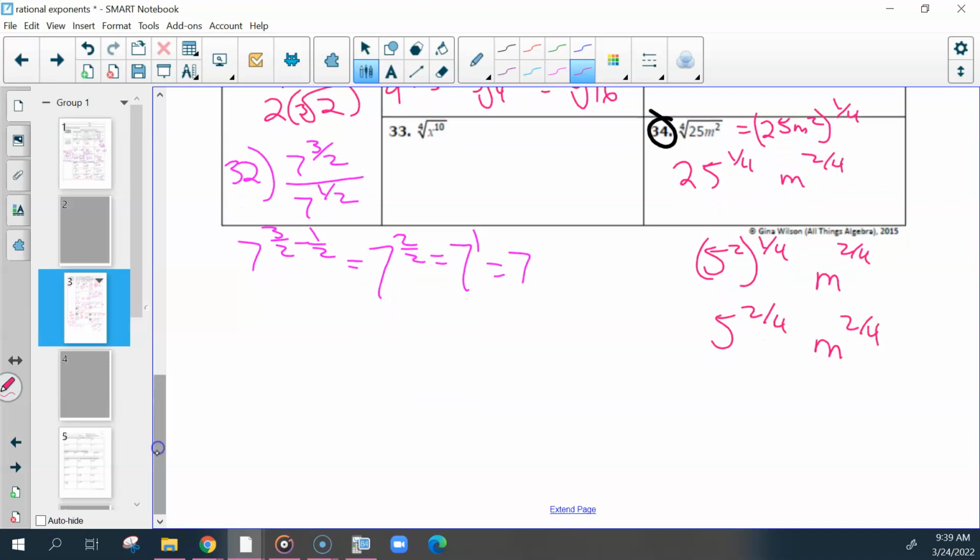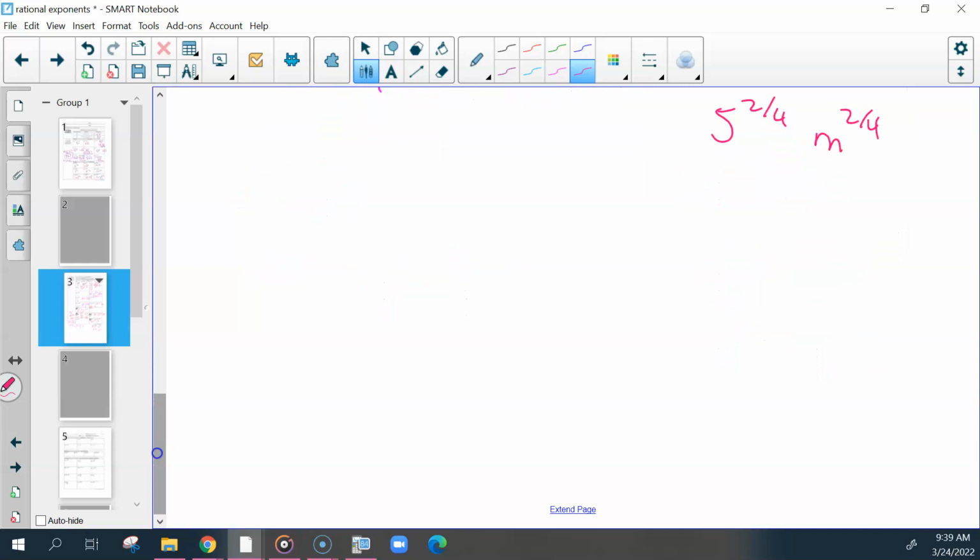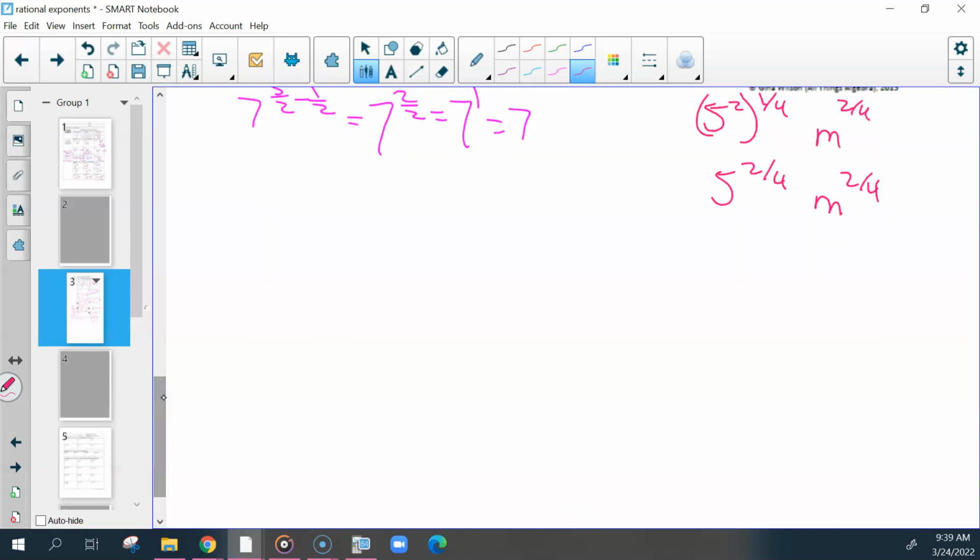And then simplify those fractions. Now we have the same fraction for both. So you can write them separately or write them together. Write them separately and then together. So this will be the square root of 5 and the square root of m.